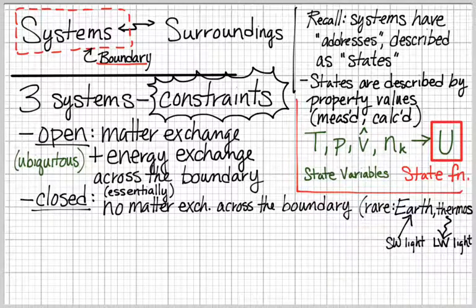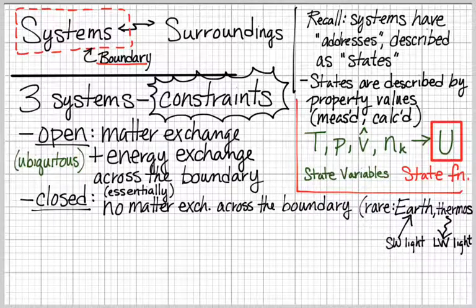So the next one is, what happens if I just decide that I will model a system that essentially has no matter exchange across the boundaries? So stuff cannot exchange across the boundary, but energy can. These don't happen very often in fully functional systems. As I said, most systems are open, but we can use the closed model to describe systems that more or less function in a closed way.